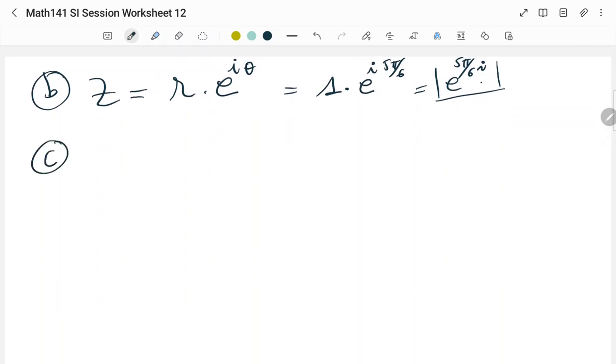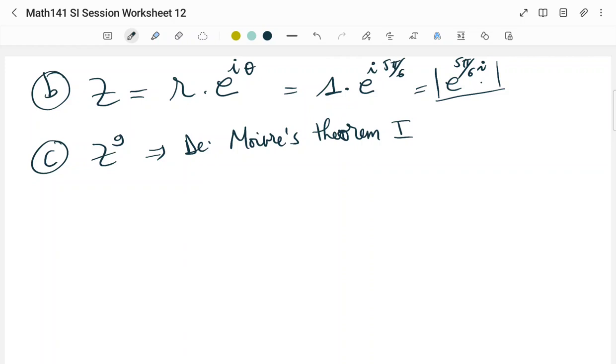The last question is asking for z to the 9. Now we'll be using De Moivre's theorem here again. But this time we'll be using the first theorem that is in your notes. And that's for when you have to raise a complex number to some exponent, right?